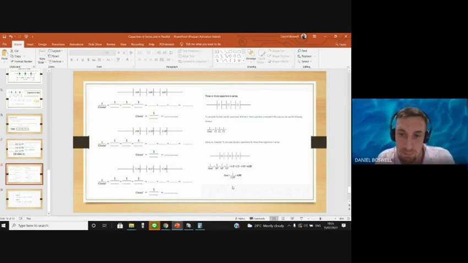Here's an example down here. We have capacitor 1, capacitor 2, capacitor 3. We're going to say this is 10 farad, 10 farad, 33 farad. They're the values.